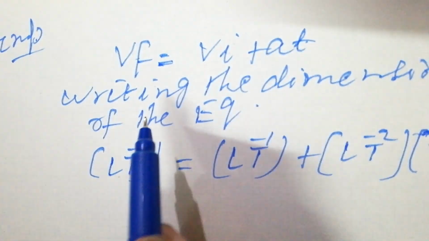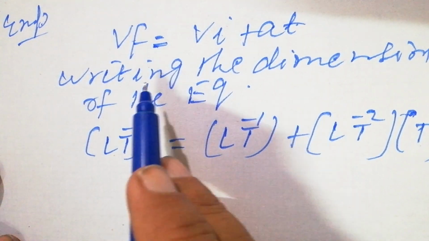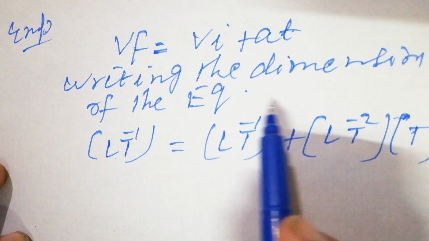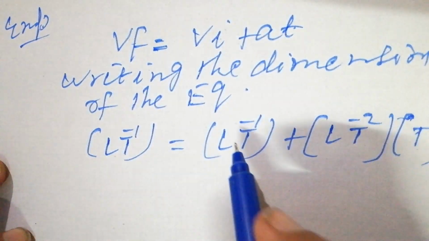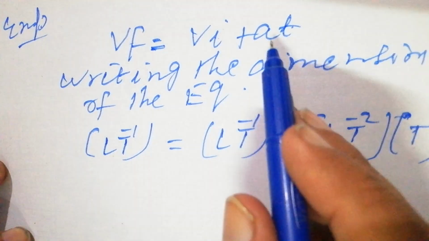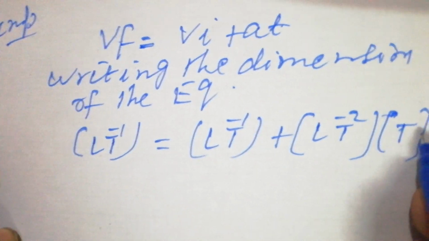We have the equation Vf is equal to Vi plus At. That is the first equation of motion, and we are checking whether it is dimensionally correct or not. Writing the dimensions on both sides, the final velocity has dimension LT^-1, the initial velocity has dimensions LT^-1, the acceleration LT^-2, and T is capital T.